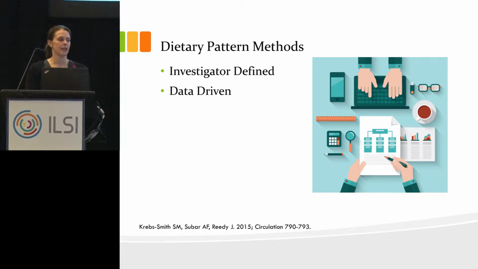I do want to take a couple of slides to go through the methods because I think that really helps to distill what different research on patterns has found. So basically, there are two ways you can come up with dietary patterns. One is the investigator-defined, and one is data-driven.